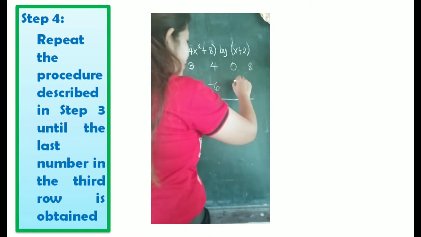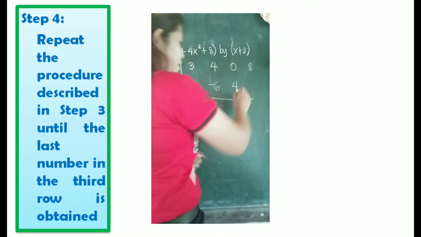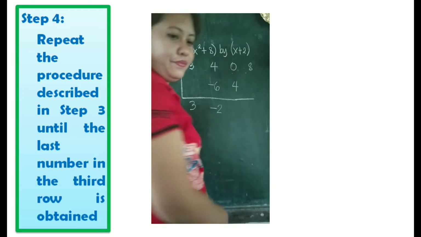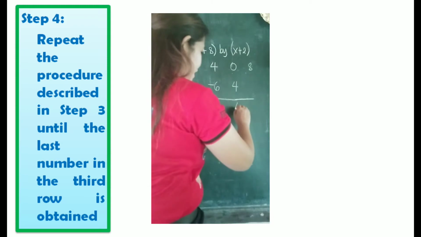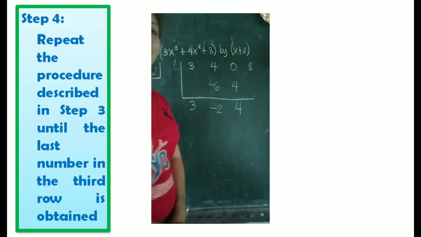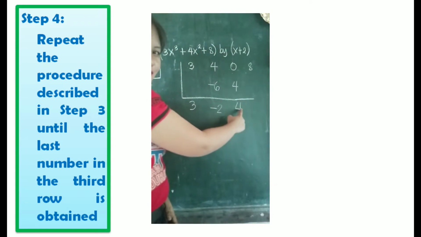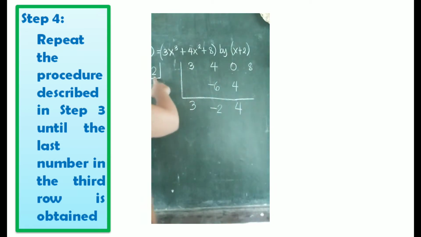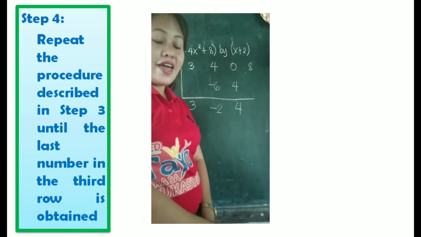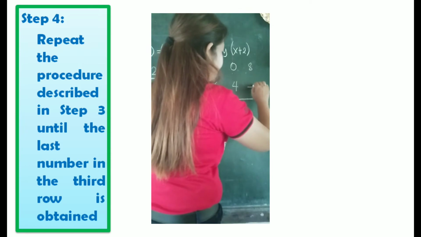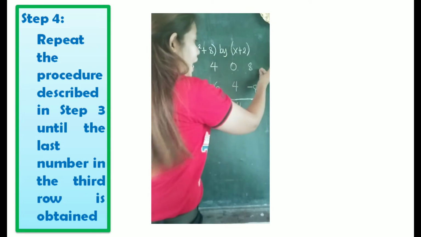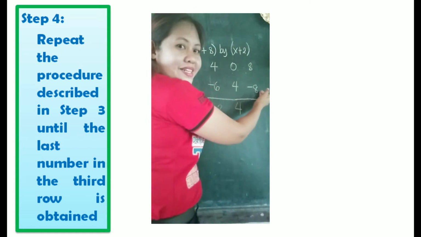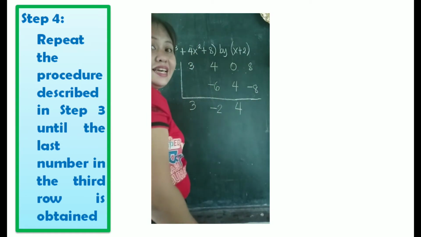So, you are going to write positive 4 here. Add. What is 0 plus 4? That is 4. Okay, 4 times negative 2 is negative 8. So, put negative 8 here. What is positive 8 plus negative 8? That is 0.